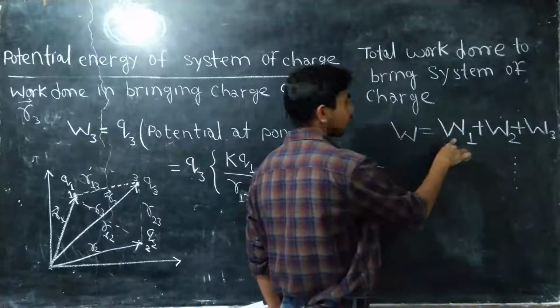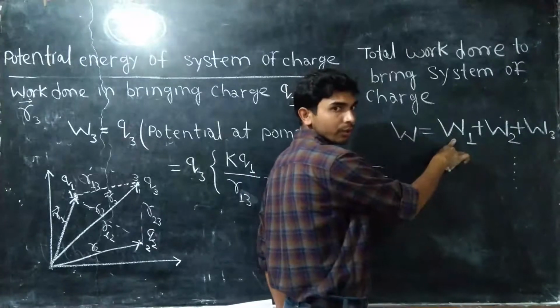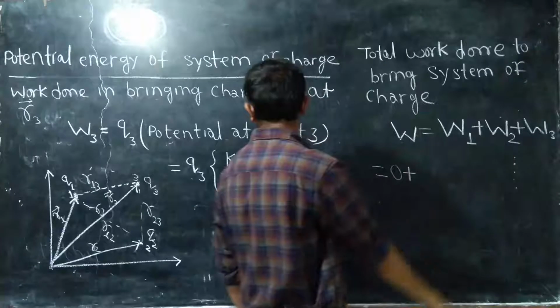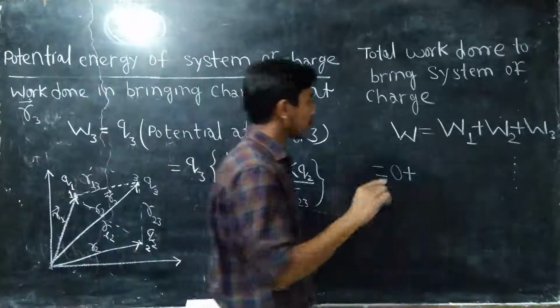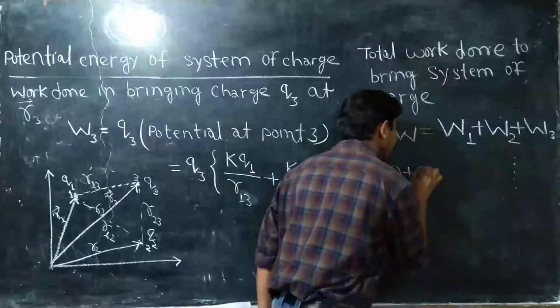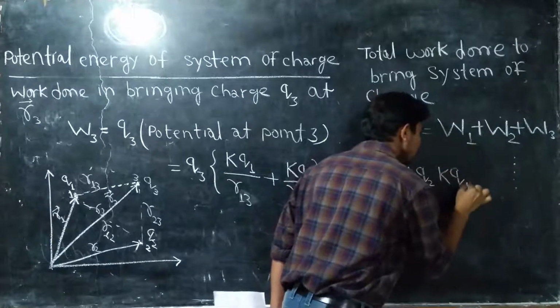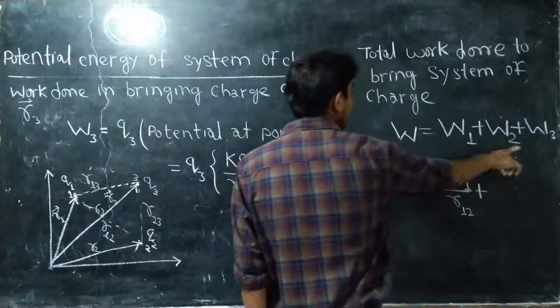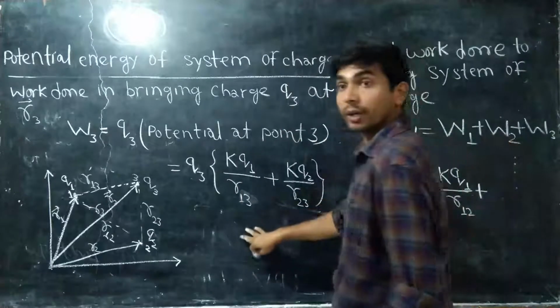Now this value is 0, plus work done in bringing charge 2, which was Q2 into KQ1 by R12. And now the work done in bringing charge 3, this amount.